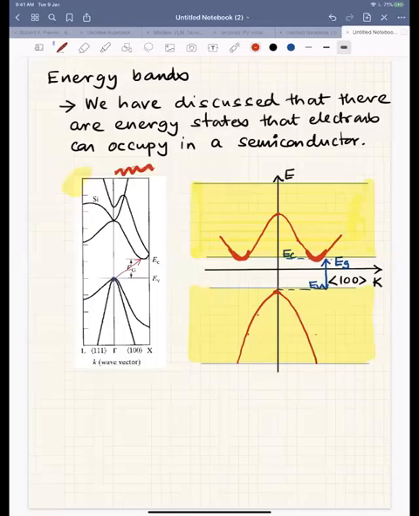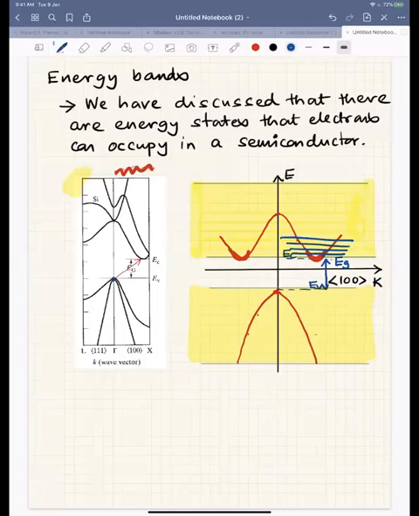Electrons can be found in any of these energy states, because there are energy states here. But mostly, because electrons like to be at the minimum energy level, they are found at the bottom of the conduction band.